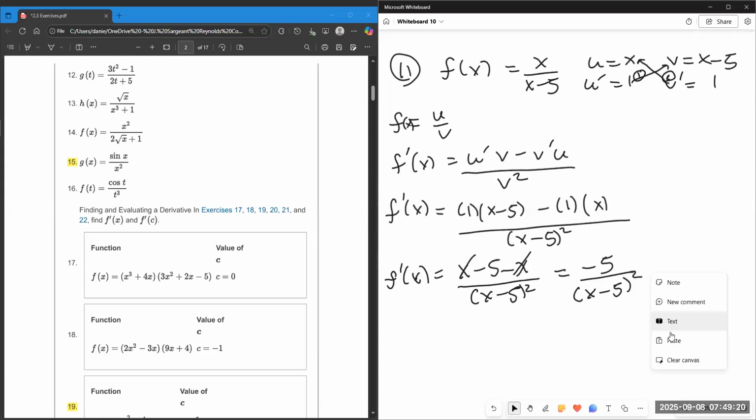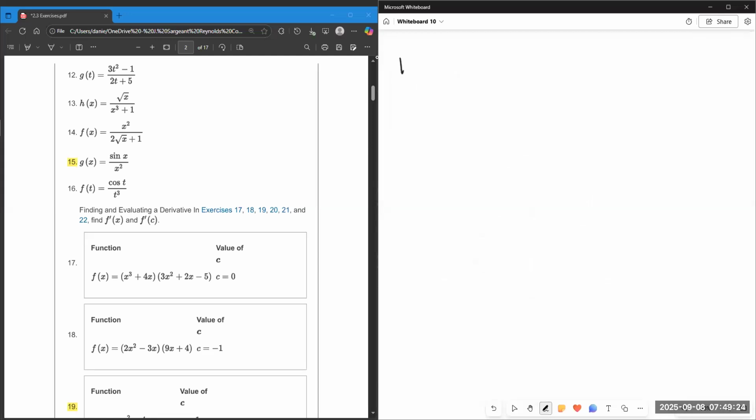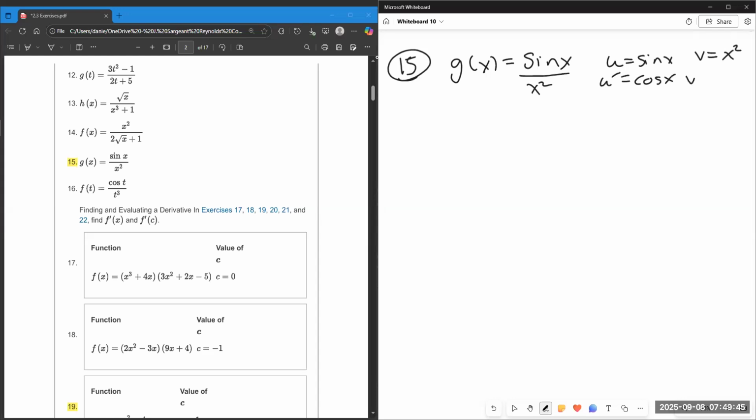Let's look at number 15 now. G of x is going to be sine of x divided by x squared. So my u will be sine of x, and my v will be x squared, and my u prime is going to be cosine of x, and my v prime is going to be 2x.